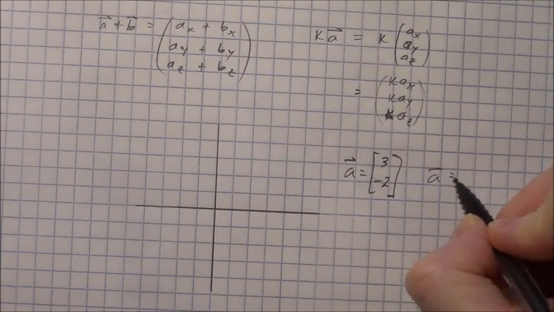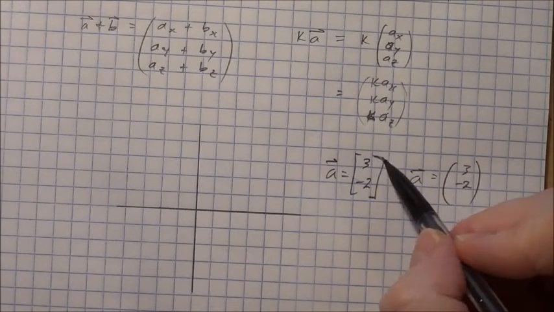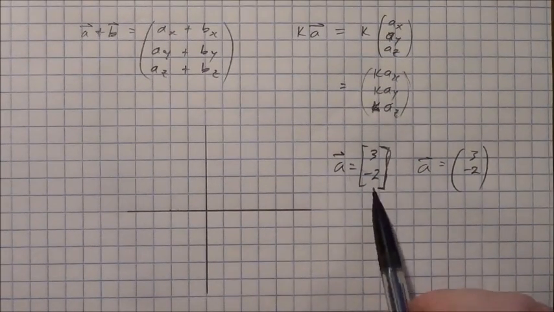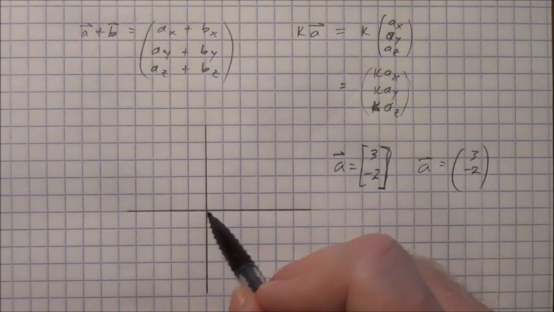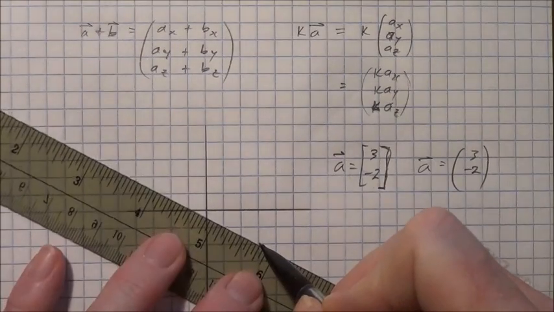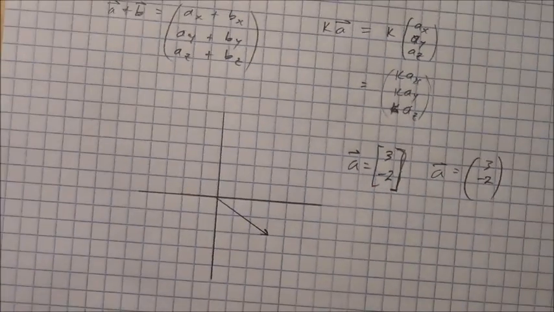We're more used to seeing it in a column vector form with round brackets, but it is basically a one-dimensional column matrix. So for (3, negative 2), starting at the origin, we go across in the x direction 3 units and down 2 units in this particular case. So the vector is like that.